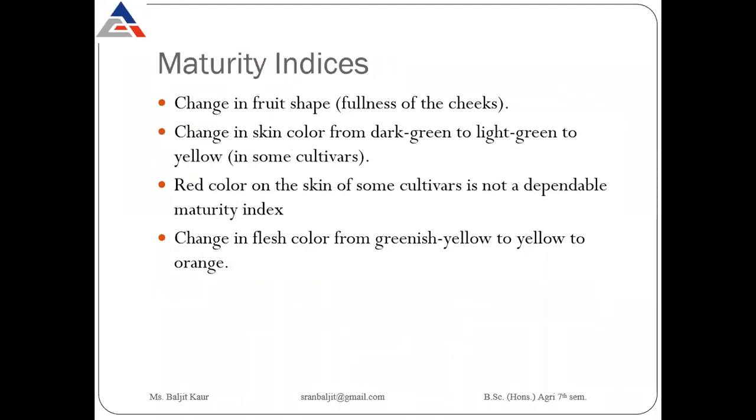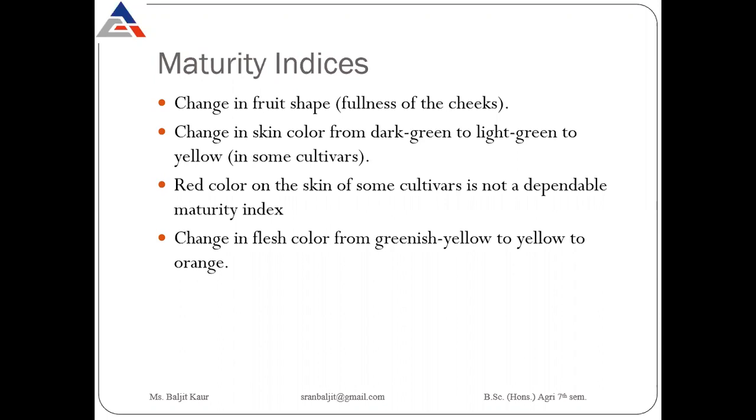Now maturity indices. In case of mango, the maturity indices are fruit shape. Fruit shape means in the initial few months there are no cheeks, and when the fruits mature, there is fullness of the cheeks in case of mango. Skin color is also one of the major indices in case of mango.